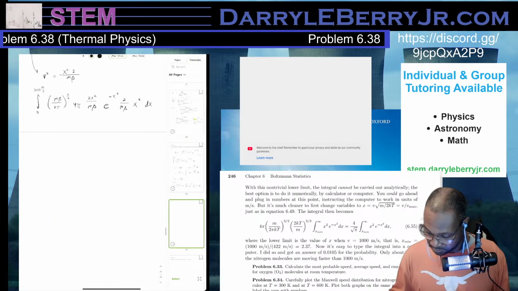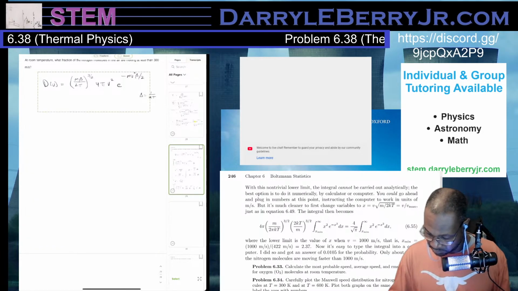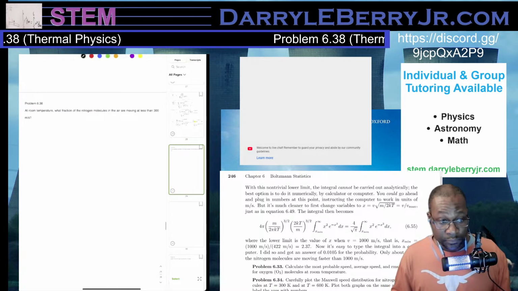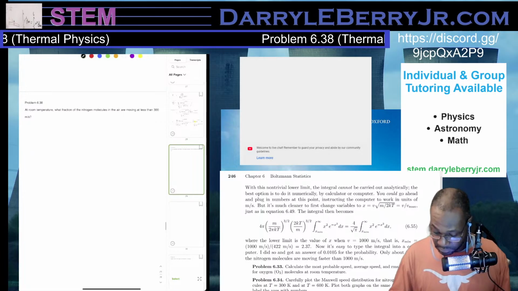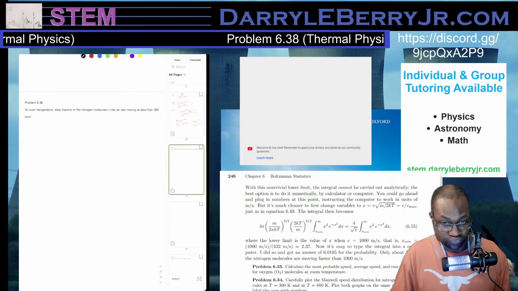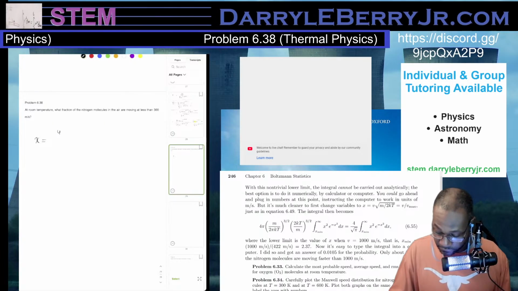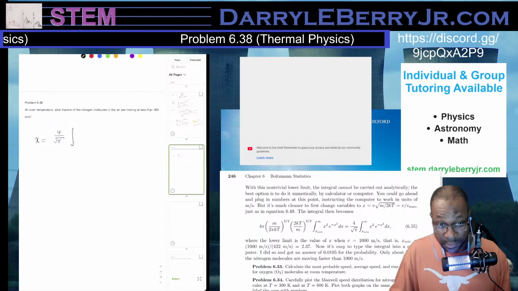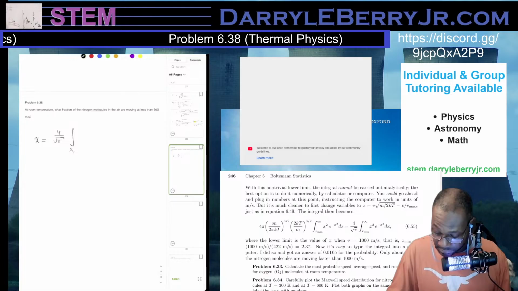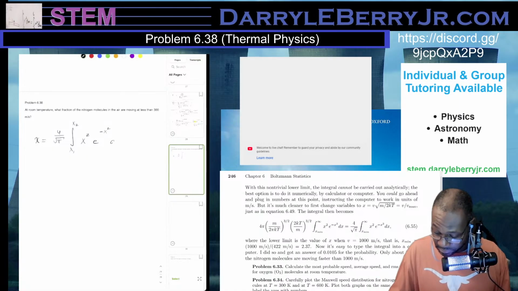If I had to just do the problem, I could just use the equation we have here, which is the probability equals 4 over the square root of pi, the integral from x1 to x2 of x squared e to the negative x squared dx.